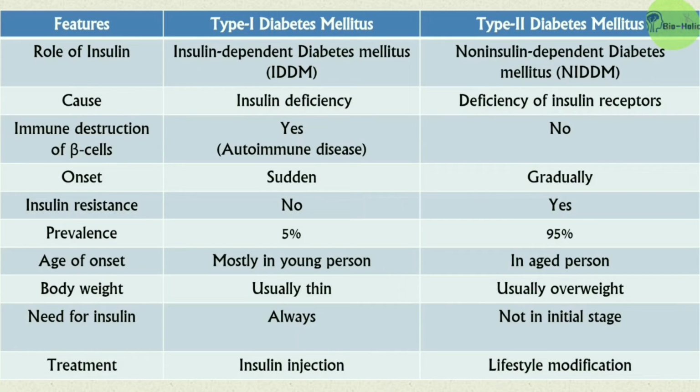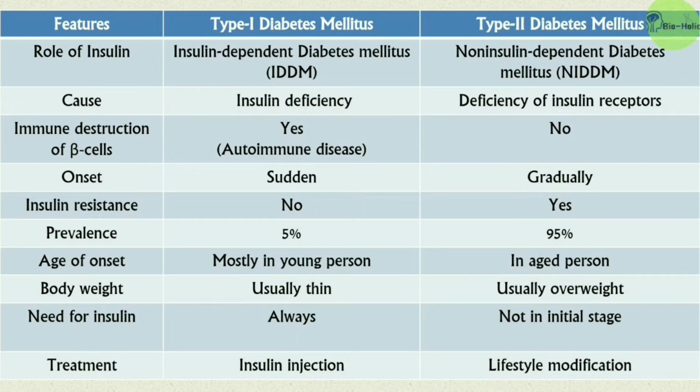The age of onset of type 1 is mostly in young persons, and the age of onset of type 2 is in aged persons. In type 1, the body becomes thin, but in type 2, the patient usually becomes overweight. In type 1 diabetes mellitus, there is always a need for insulin.